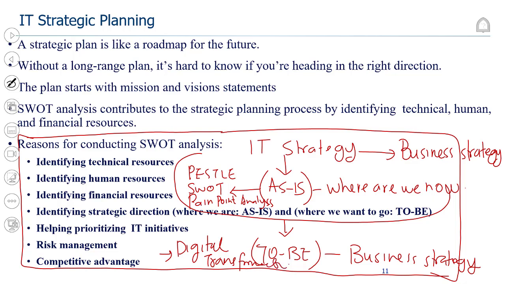Then IT will have to find a way to assist them to go digital. But IT cannot decide that you're going digital. No. The business has to decide they want to go digital or have an online presence. Then IT will help them get digital by implementing digital technologies, because that is our specialization. But whether we want to go digital or not has to be the need of the business. The business must have had the need to do that, okay?